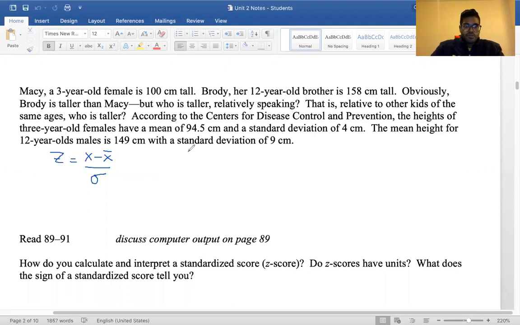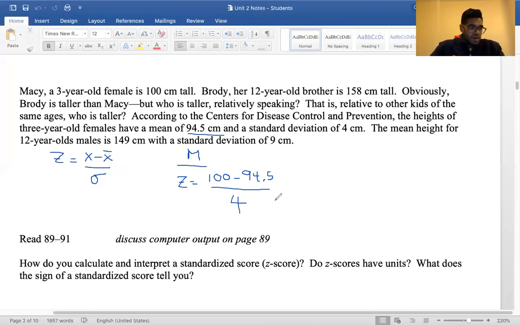So I'll do this in two colors. Let's do Macy first. Macy is a female who is 100 centimeters tall. That becomes our x. So we have z equals 100 minus the mean, which, according to the CDC, is a height of 94.5, divided by the standard deviation of 4.